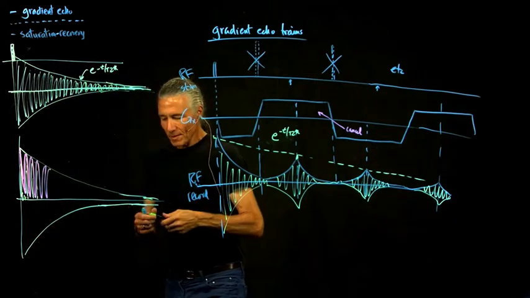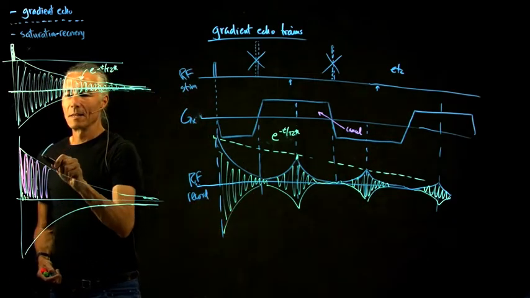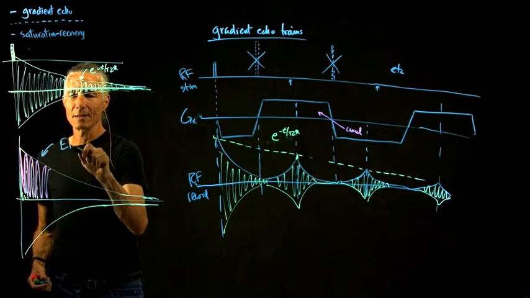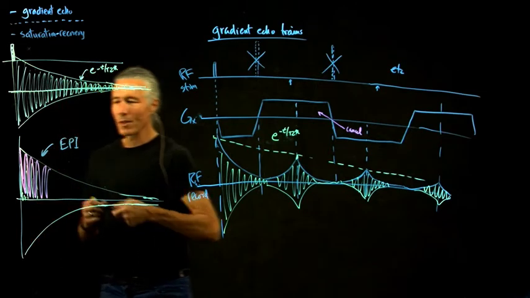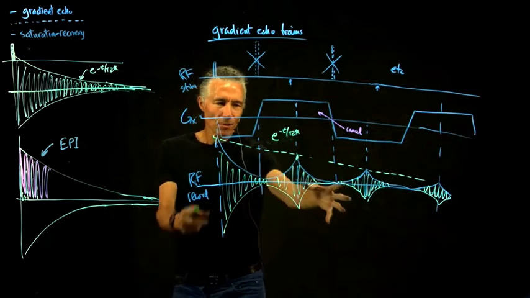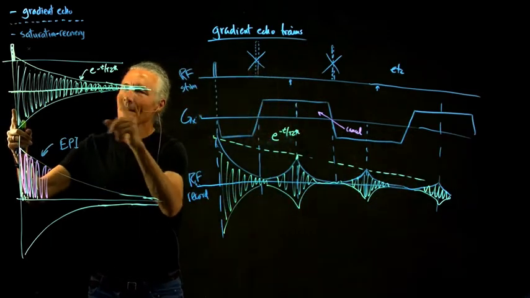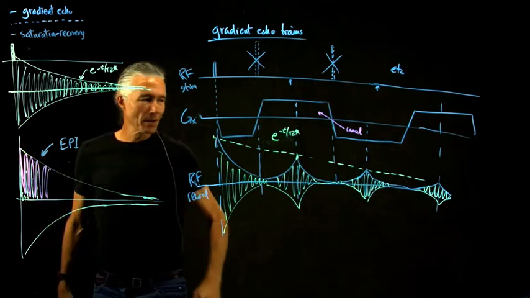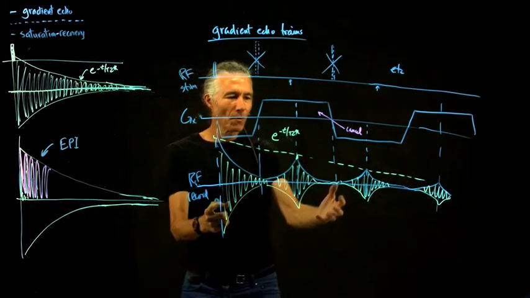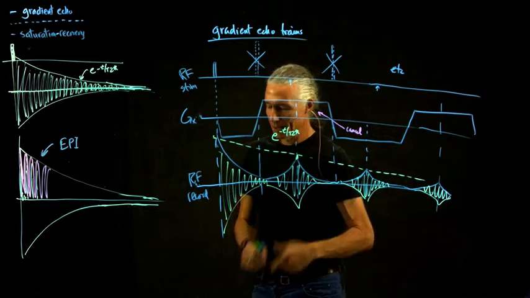So that would be what an EPI scan looks like. So all these echoes would be squashed together into the space of a single one of these decays. I just drew 4 here, but you could put 100 in there.